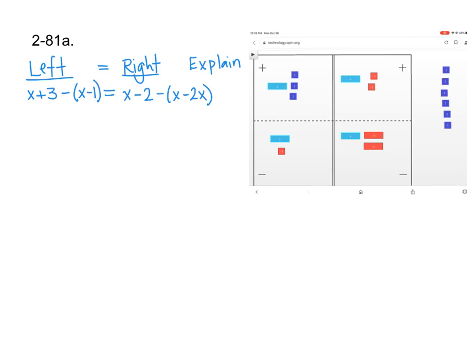So the first thing that I prefer to do, and there are many ways that you can simplify this equation, but the way that I like to start is to flip the tiles from the negative region to the positive region. Remember, when we do that, we have to change the sign on the tile.